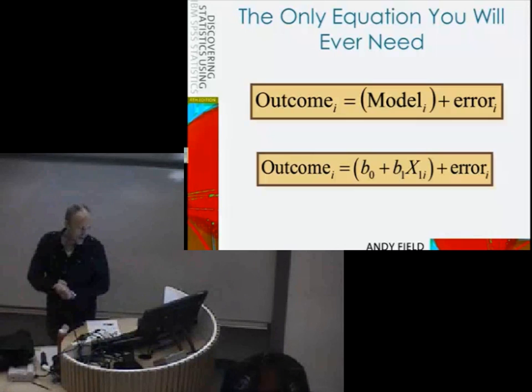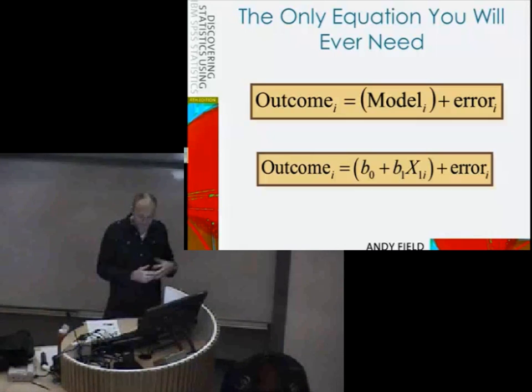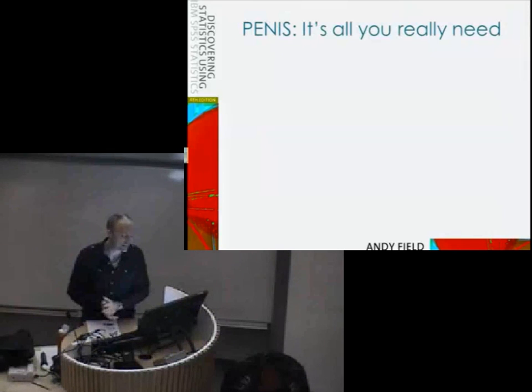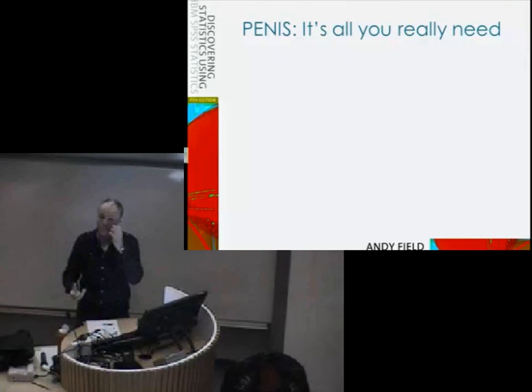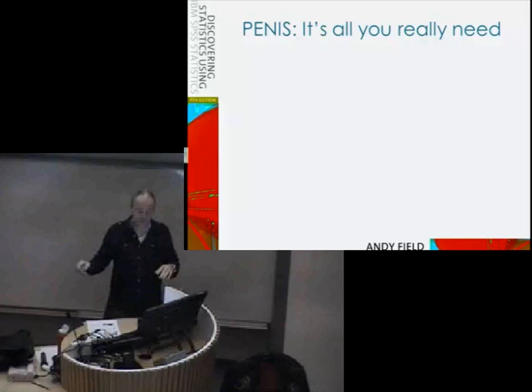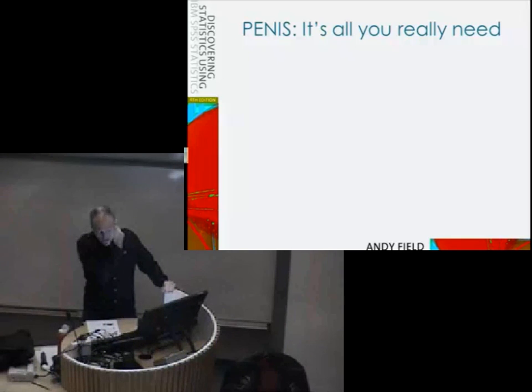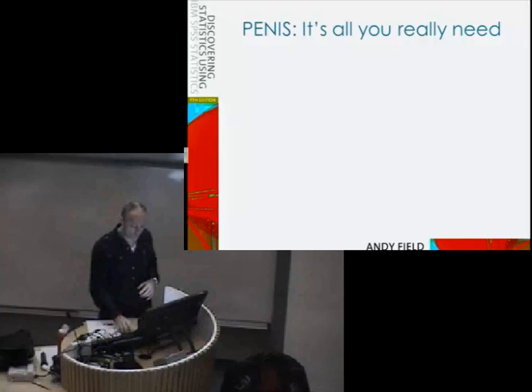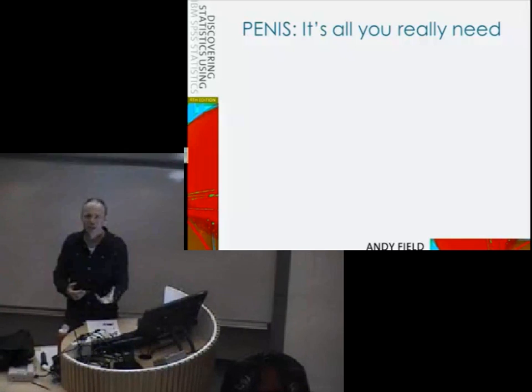So I think the acronym PENIS represents everything that you need to know. Once you've understood that the models we fit in psychology are basically all linear models, they're all that beta 0 plus beta 1 x1, then there are some fundamental things that are true for any model that has that linear form. The first is it will be defined by parameters.